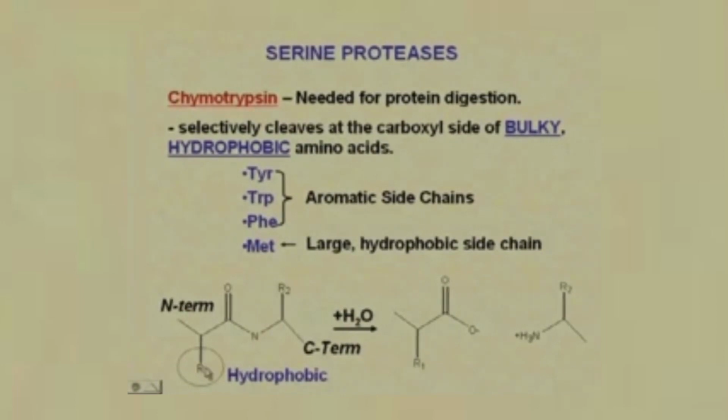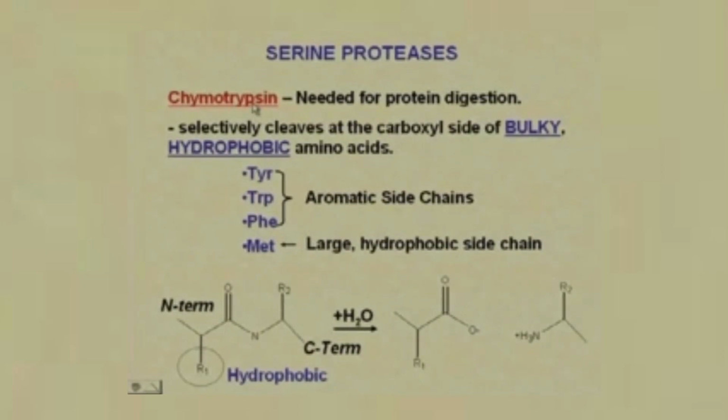So if R1 is a hydrophobic residue, then the cleavage will occur here, not on the other side. It occurs at the carboxyl side of the hydrophobic group. So if this is R1, it is going to occur towards the C terminal end of the polypeptide chain.